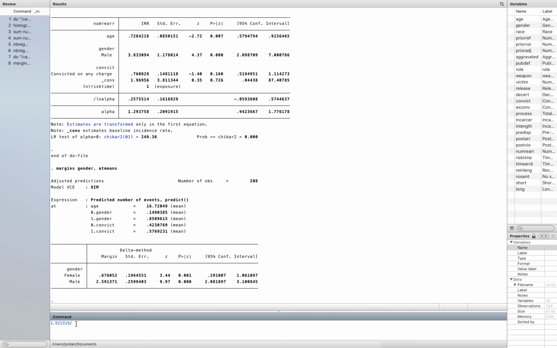You then divide that by the original number, 0.676052, and multiply the resulting number by 100 to make it a percentage, and what you get is 283.309%.